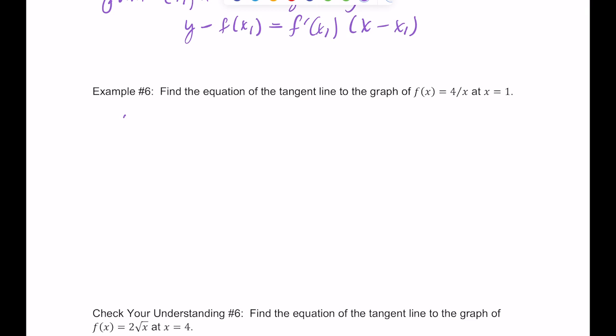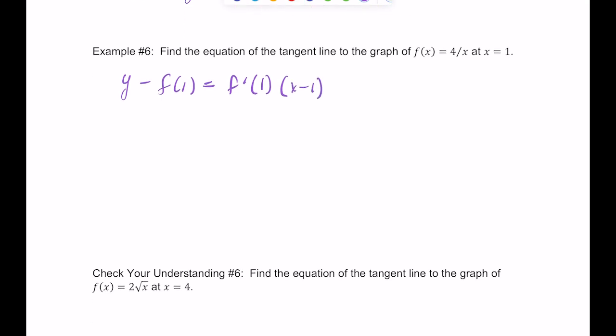So what I have here is y minus y1, right? And what's y1 here? It's just f of 1. Equals f prime of 1, that's your slope, times x minus 1.